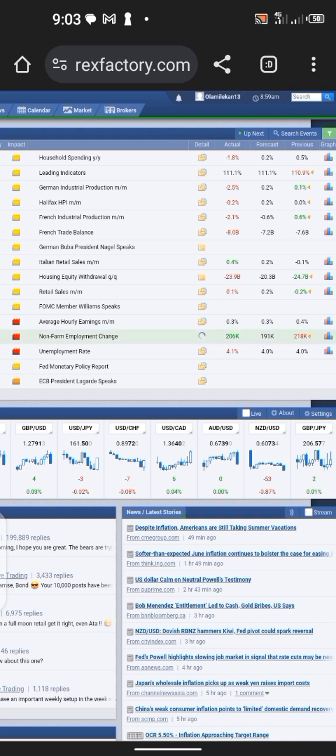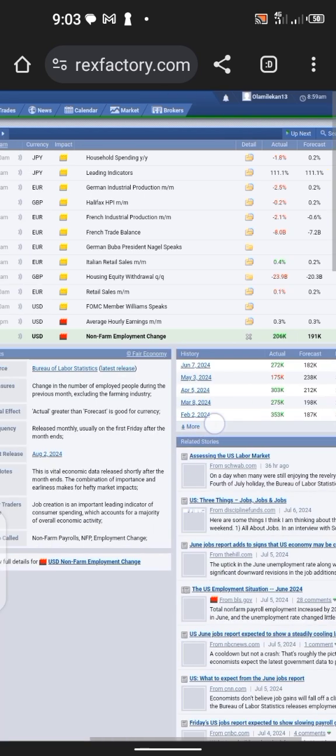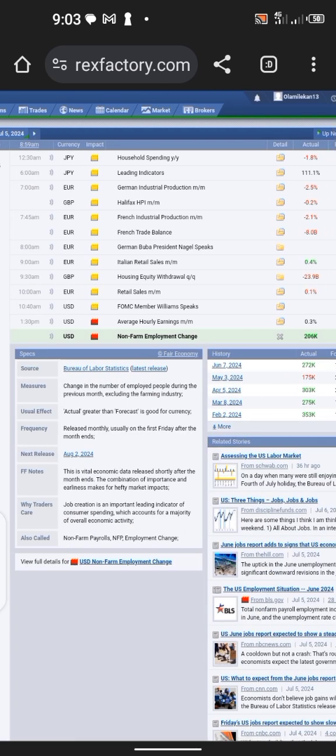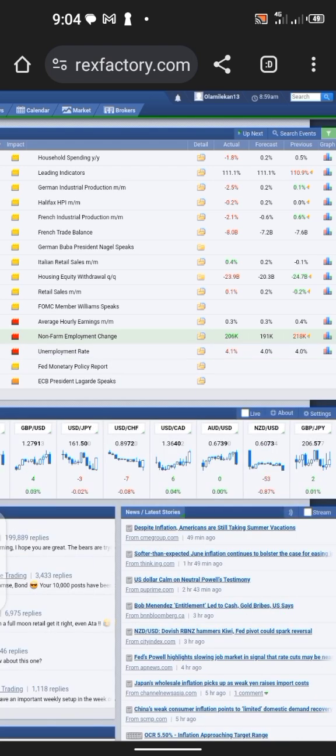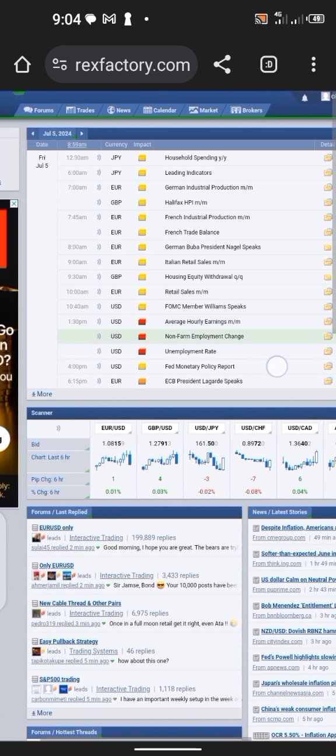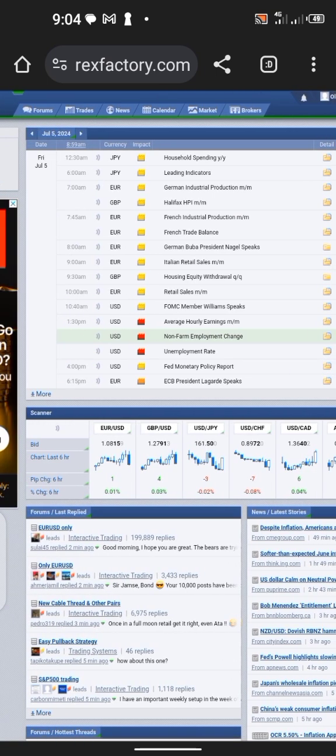So let's look at the notes for the NFP. Actual greater than forecast is good for the currency. If the actual is greater than the forecast, it is good for the currency. That means USD is strengthening that day. USD has some strength that day.